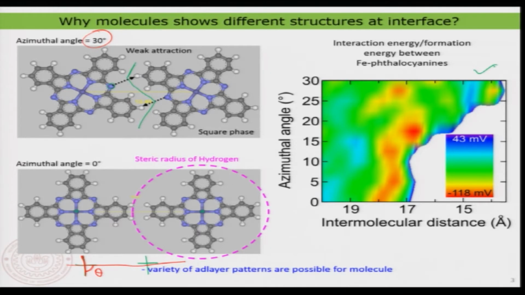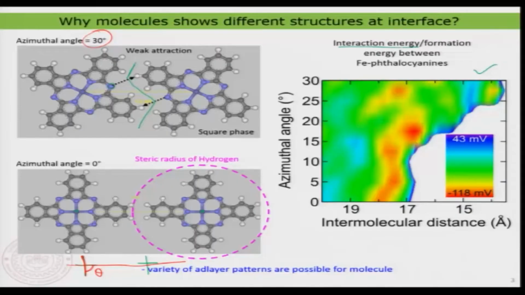What you are seeing here is a theoretical calculation, performed by taking two molecules and rotating them with respect to each other, then calculating the potential energy, and subtracting the potential energy of a single molecule, and then you get what is known as the interaction energy. That will tell you roughly how stable these orientations are when they form a dimer.